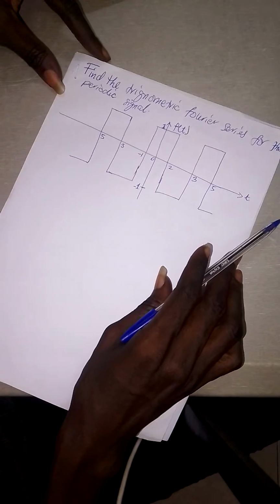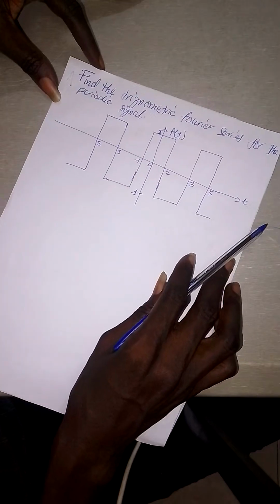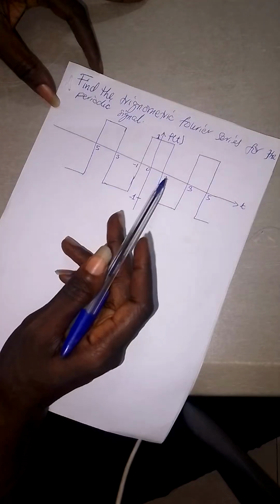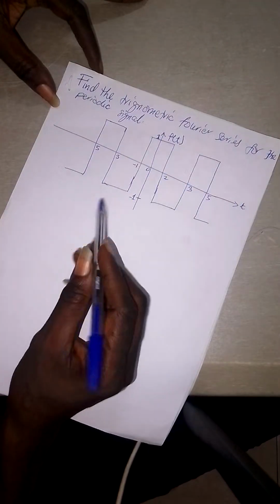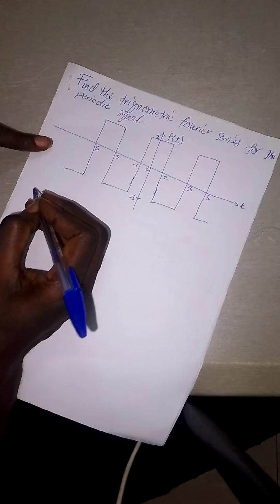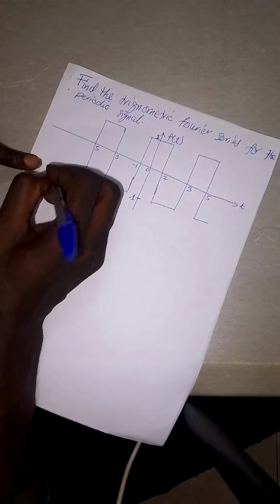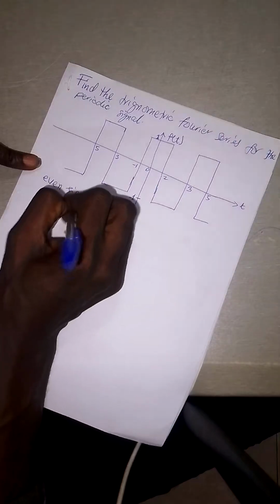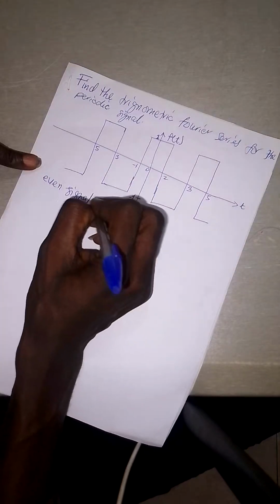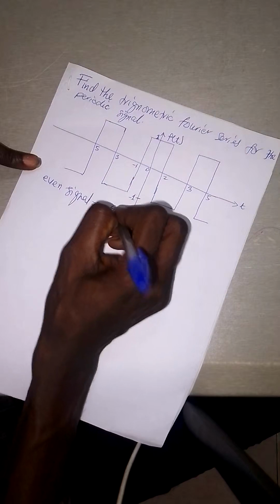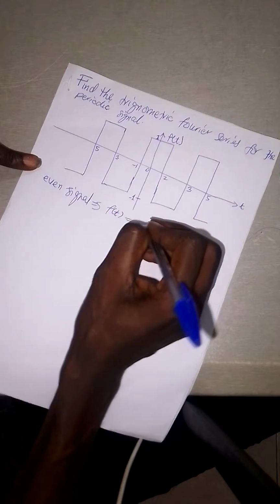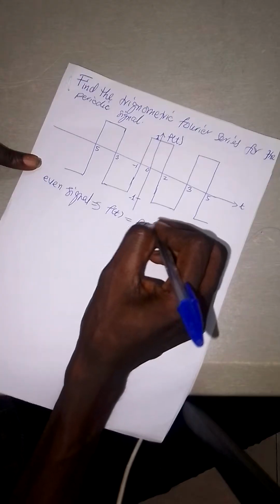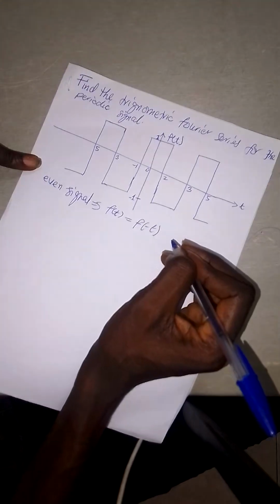When you have a signal like this, it is important to note whether the signal is an even signal or an odd signal. So let's write the conditions for even and odd signals. An even signal is of this format: f of t is equal to f of minus t.